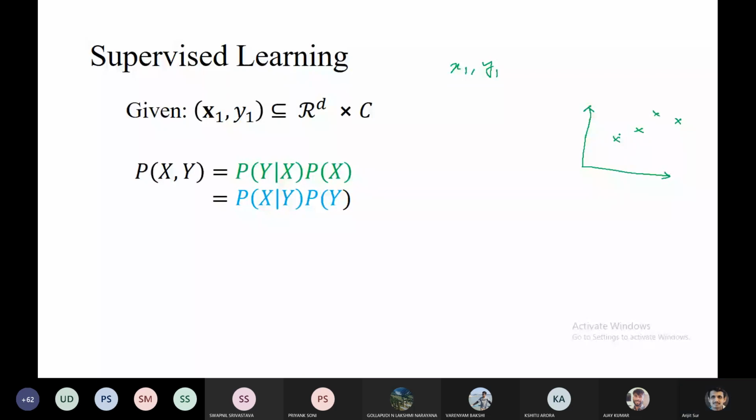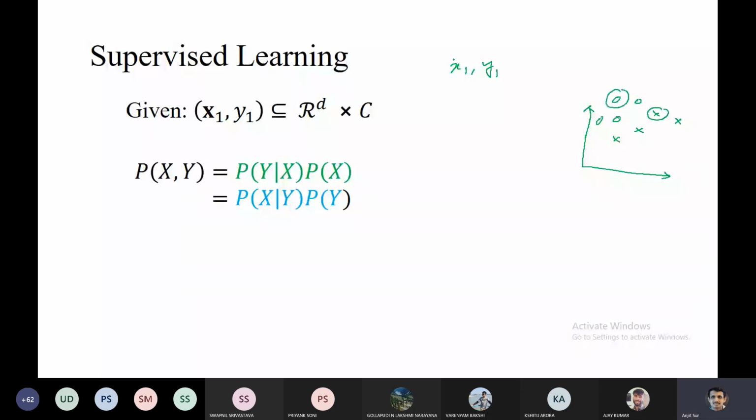Here the class belongingness of these data samples is also given. So these samples are from, let's say, class X, and these samples are coming from class 0 or circle.